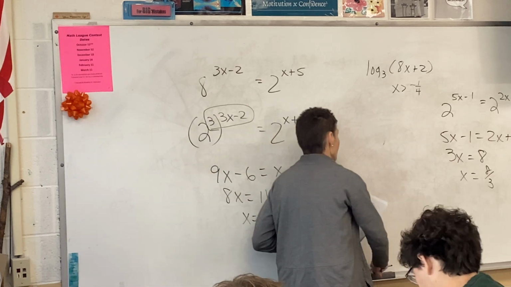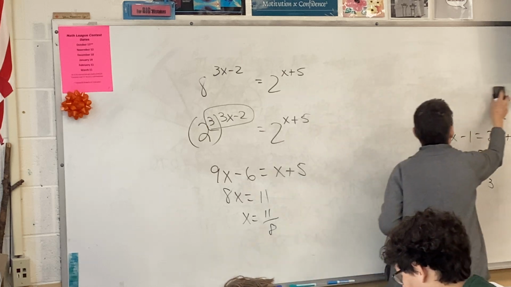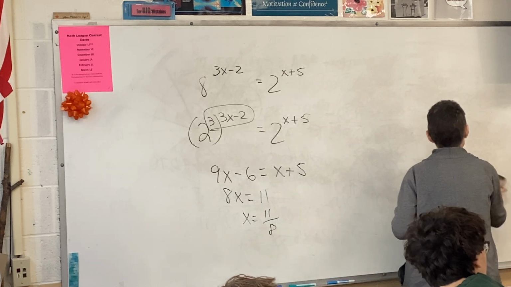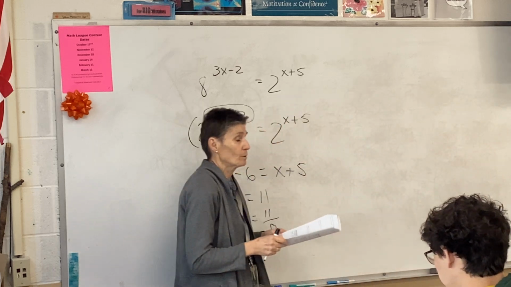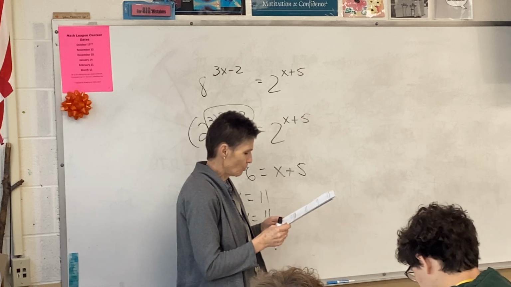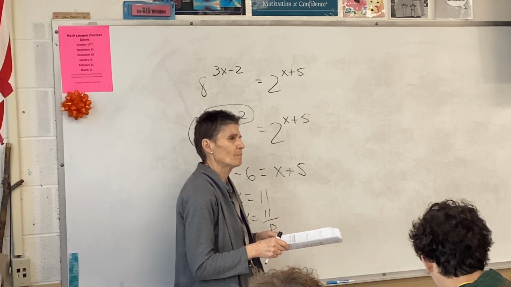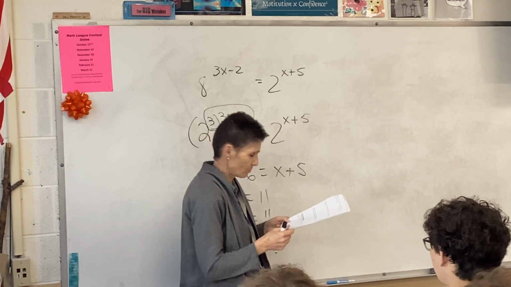C is even a little bit more work because 27 is not a power of 9, or not a whole number power anyway. So maybe it would be best to do what with problem C? Change them both into 3s.